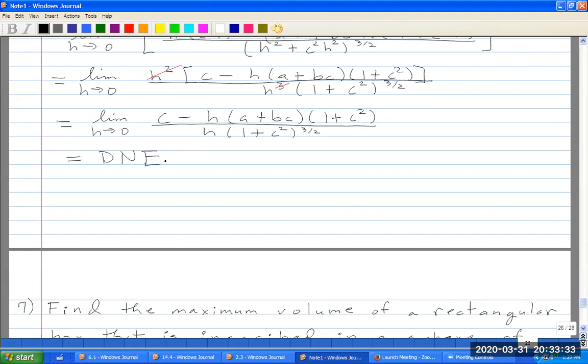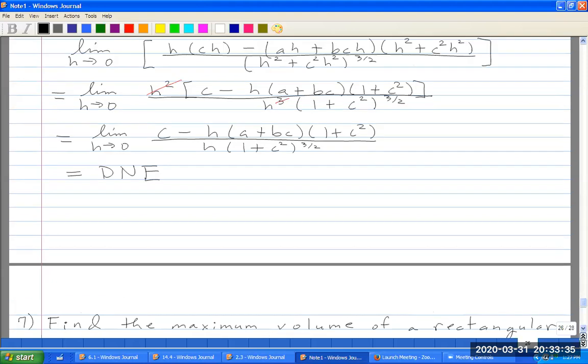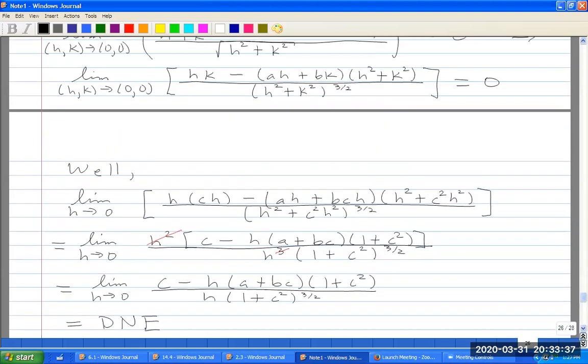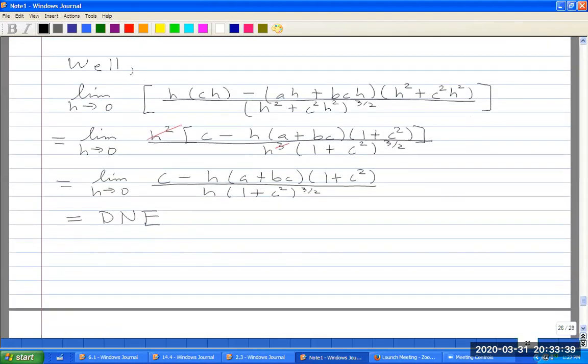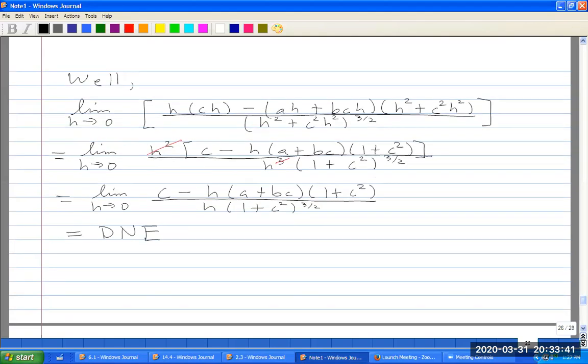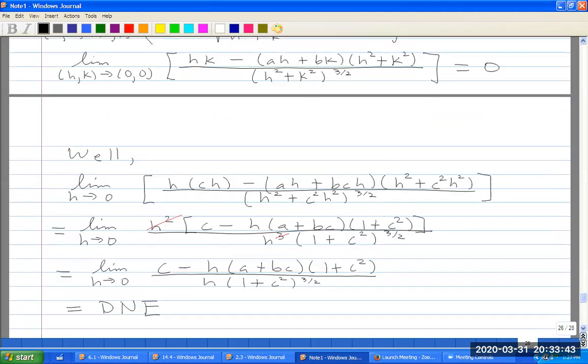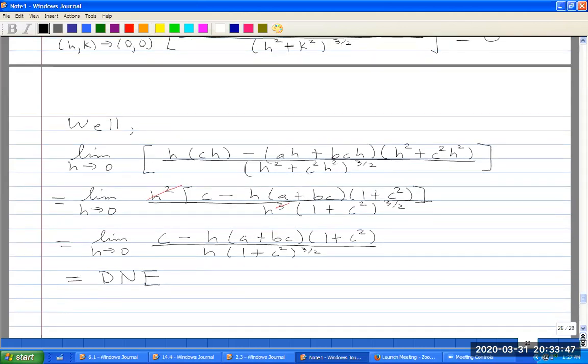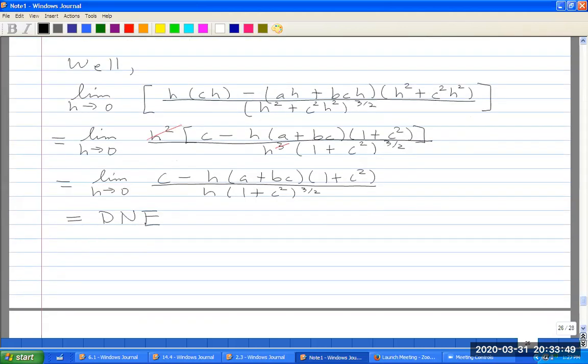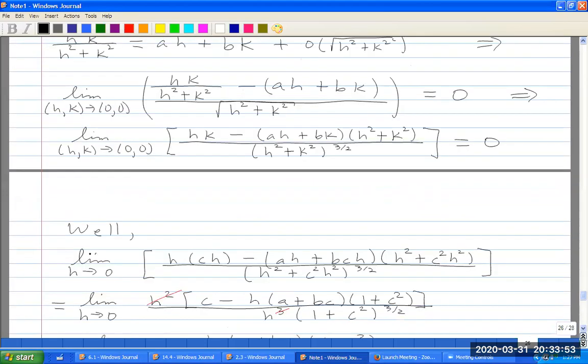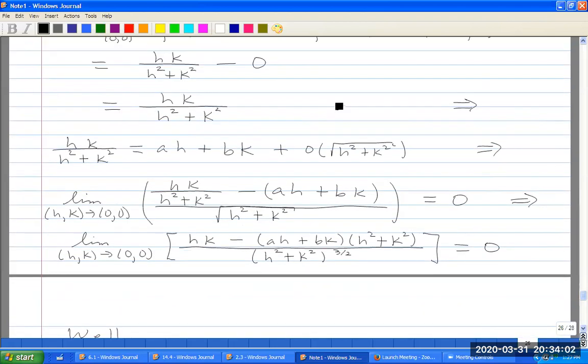And it was supposed to equal 0. It doesn't go to 0. It goes to infinity, depending on the sign of c, and so this limit doesn't exist. So therefore, my assumption that it must equal 0 is false. Therefore, there doesn't exist a linear transformation that satisfies this.